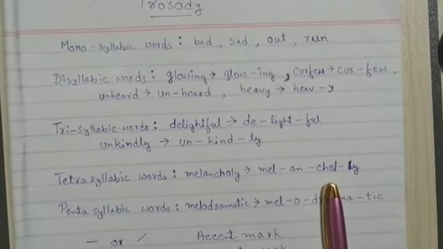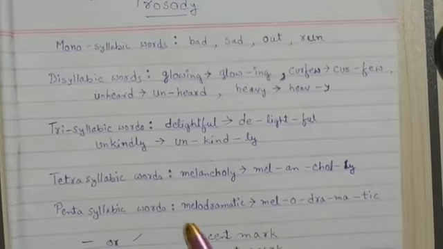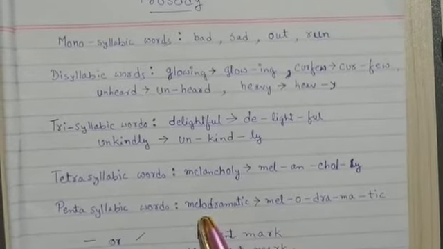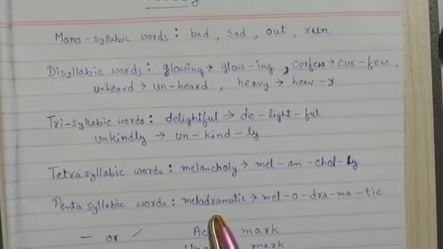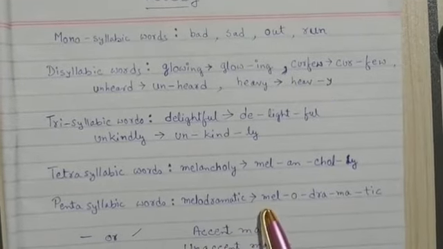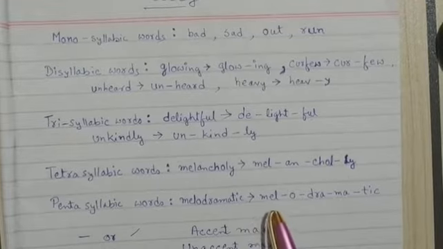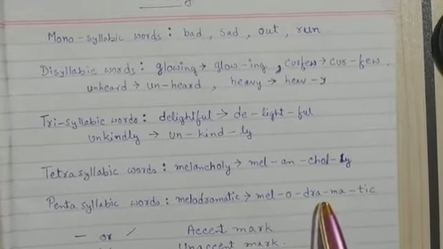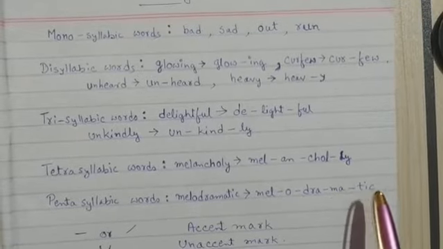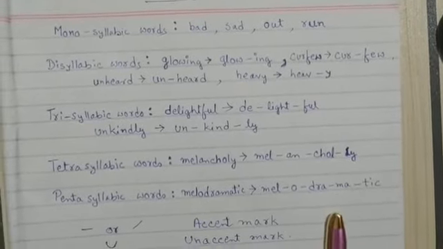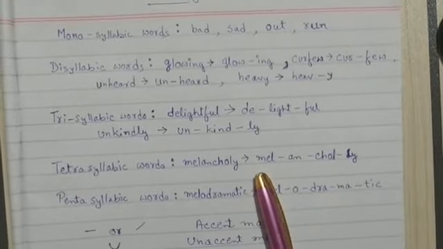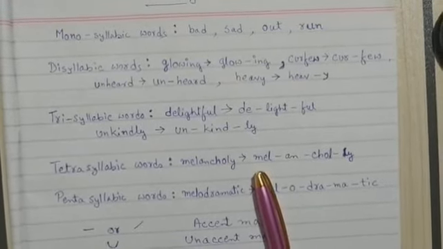Similarly, we have pentasyllabic words. One example of a pentasyllabic word is melodramatic. It is mel-o-dra-ma-tic. Clear? So these are the basic things that you need to know for scansion.